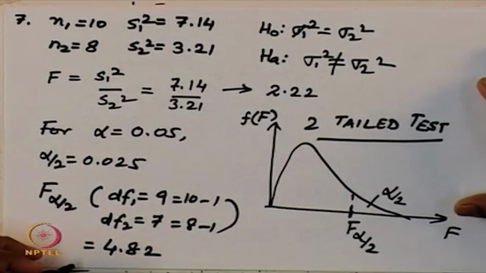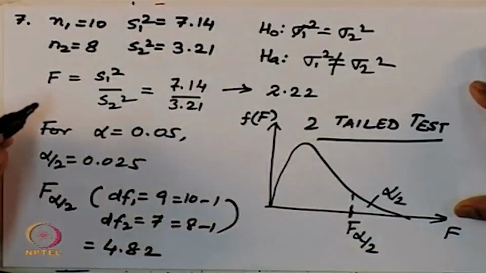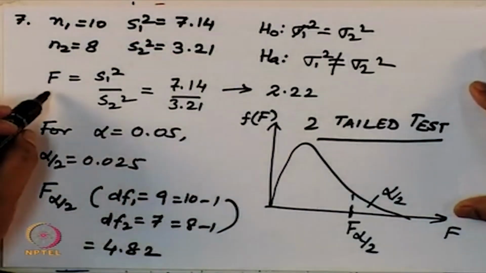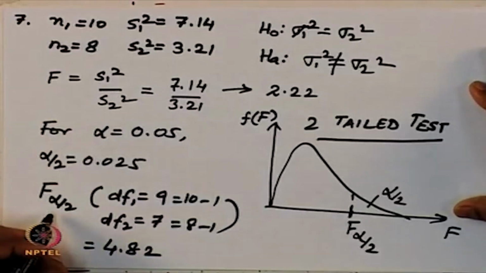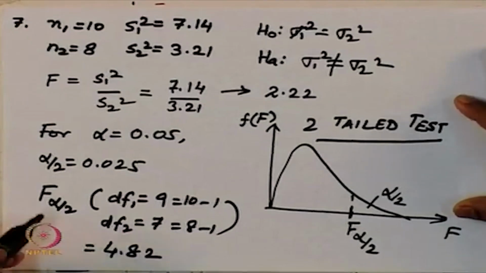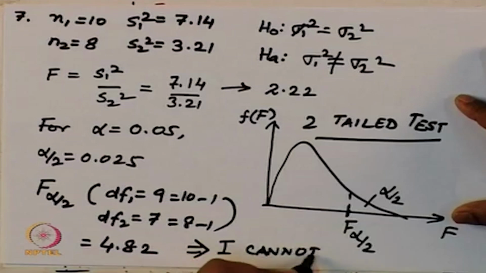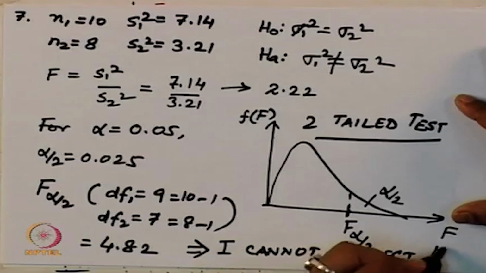I can reject my hypothesis if this calculated f of 2.22 is greater than f of alpha by 2, but in this particular case 2.22 is less than 4.82. So, this means I cannot reject H naught.